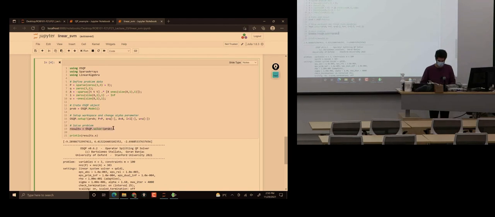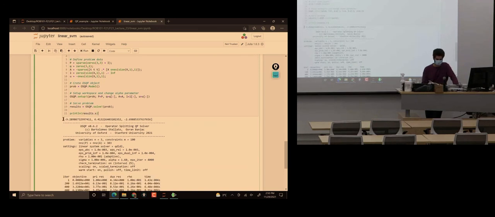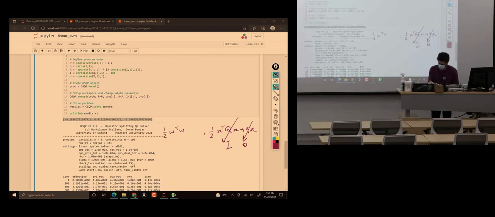Once you solve the problem, you can allocate your output to the result, for example, and then result.x will give you the output. So I print the result.x here, and if you remember, this will be W, which is A, and A naught, right?